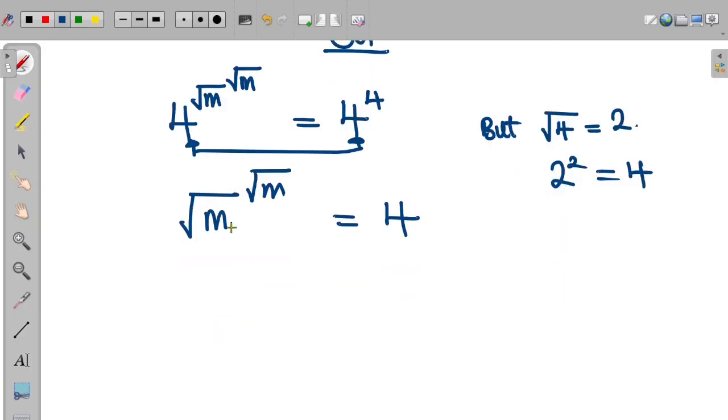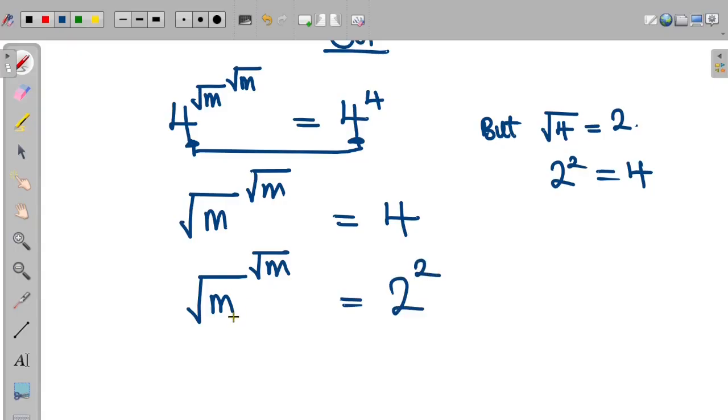So looking at the left hand side, we have root m to the power of root m. So we also want to express 4 in the form whereby the base and the index will be the same. So at this point, we have that root m to the power of root m will be equal to 2 to the power of 2.